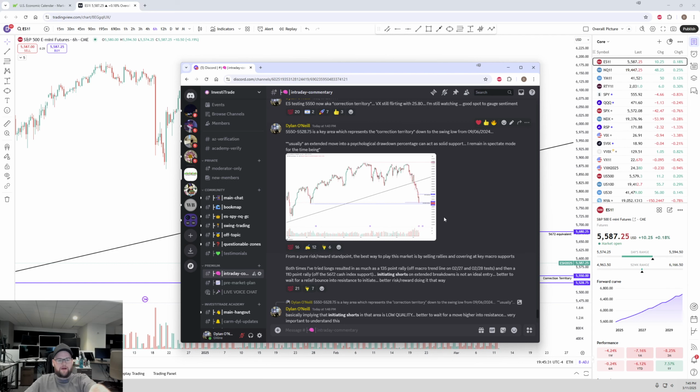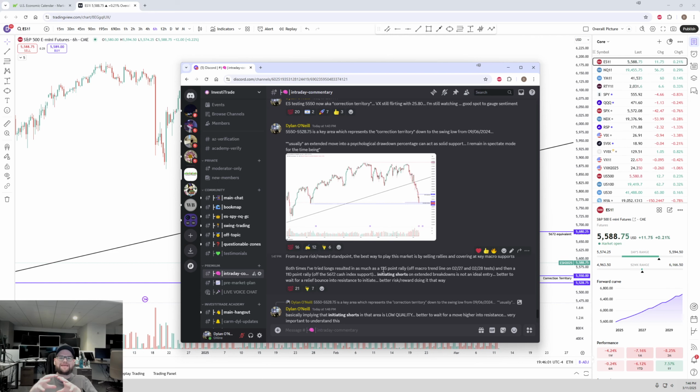Okay, and then I talked about both times I've tried longs in the last week and a half, stemming from February 27th, we're able to produce rallies, right? Why is that? These are areas that are basically vetted, right? I'm not picking a mediocre random level based on me just seeing price moving in a fast momentum manner.